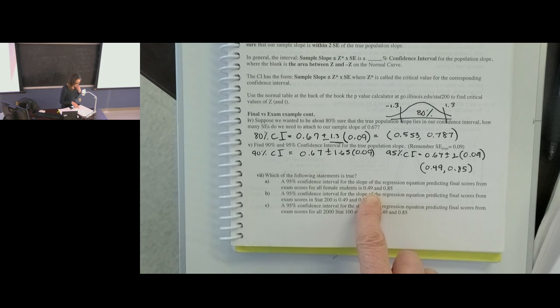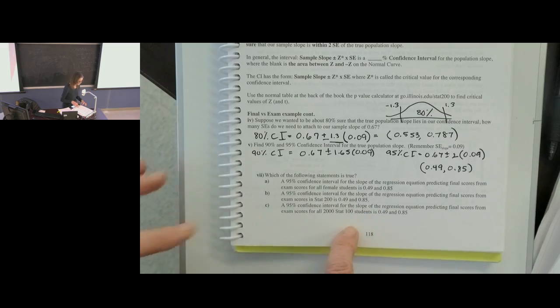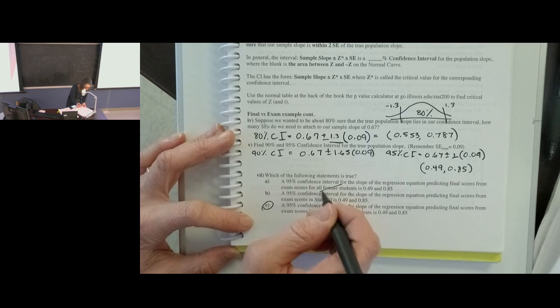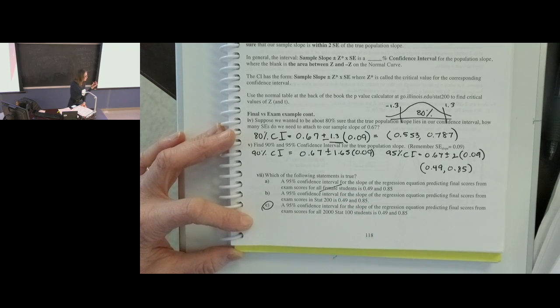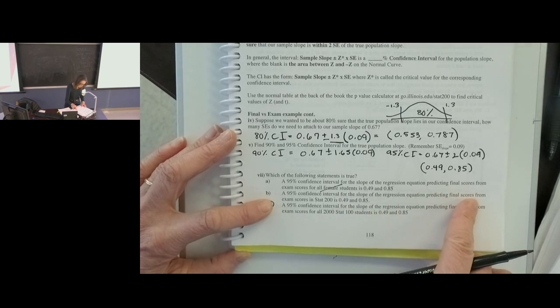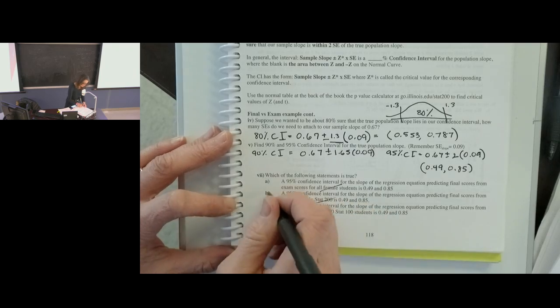No. It's for all 2000 Stat 100 students because this is the only one. It's not for any subgroup because the subgroups could have completely different errors around them, and it's not for a different course; this is Stat 200, so no.